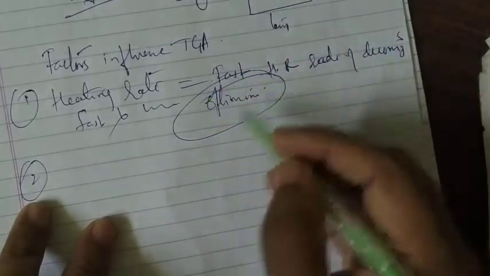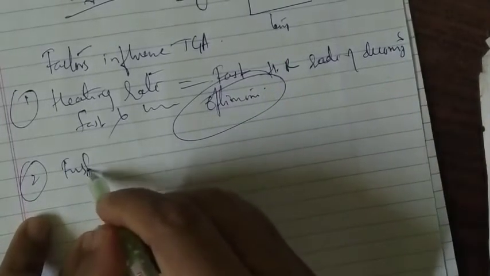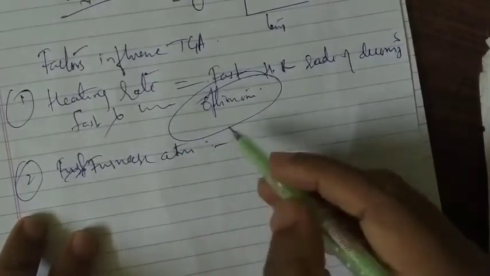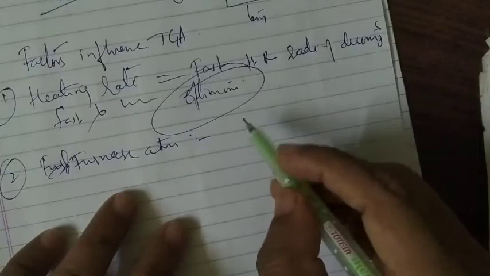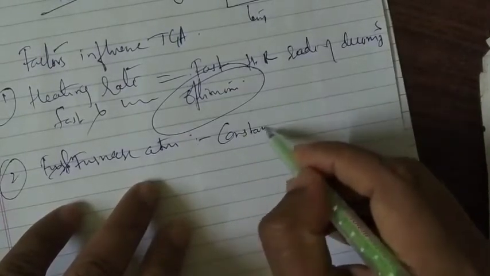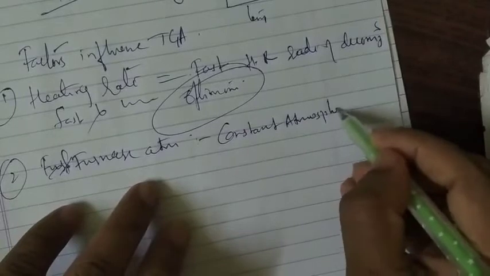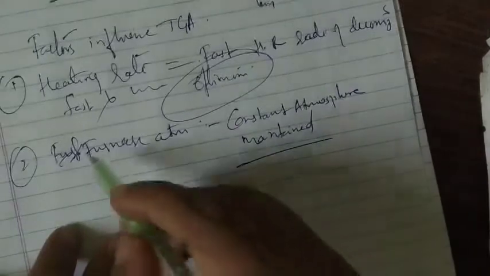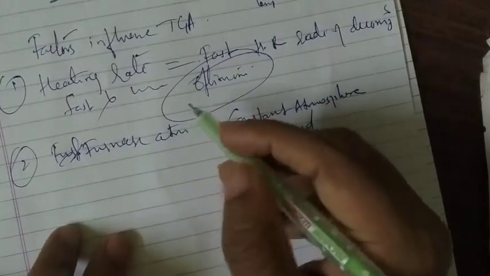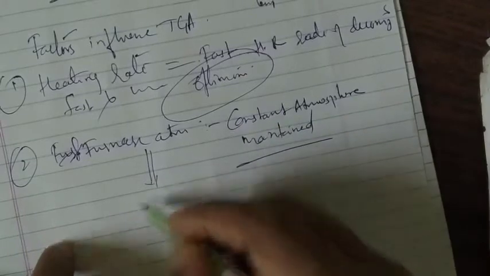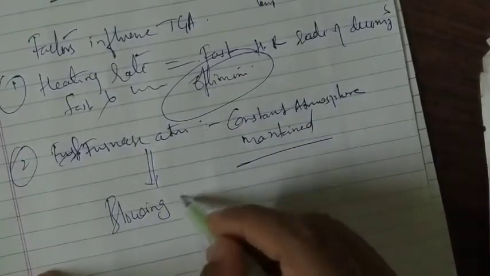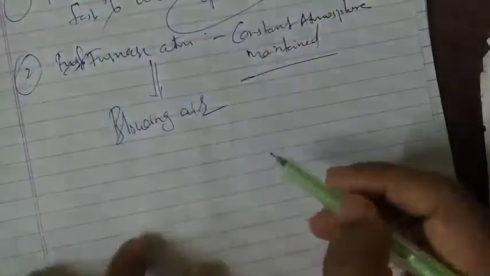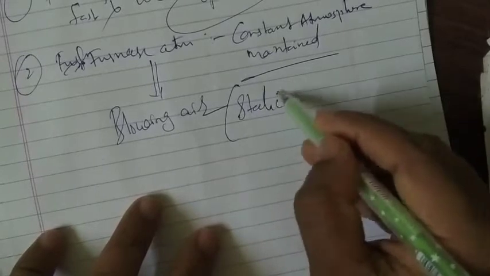The next is the furnace atmosphere. This is very much important, and usually a constant atmosphere is maintained here. The furnace atmosphere is usually created by blowing air through the furnace, and we call it static air.